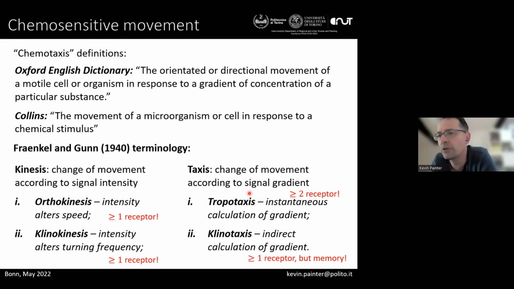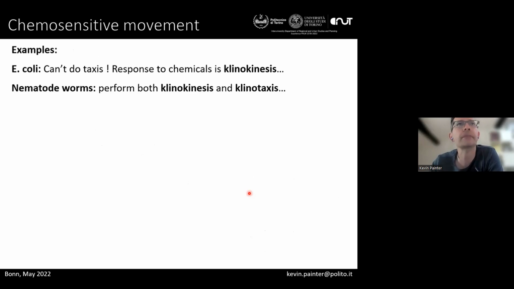Clinotaxis, actually, you would only need one receptor, but potentially you have to have a memory as well, in order to recall the concentration from that previous time. But essentially, we've got these various ways of defining the response of an individual to some sort of chemical substance at the individual level.